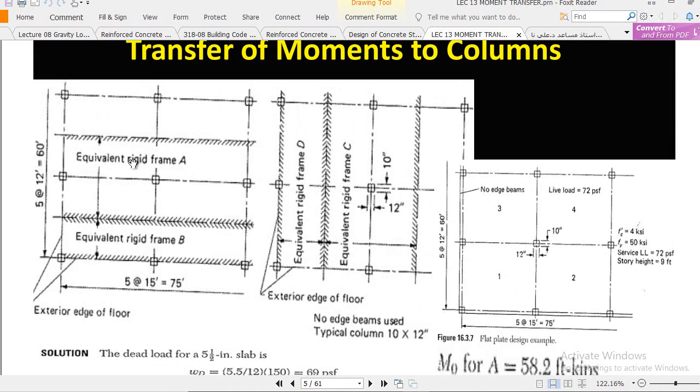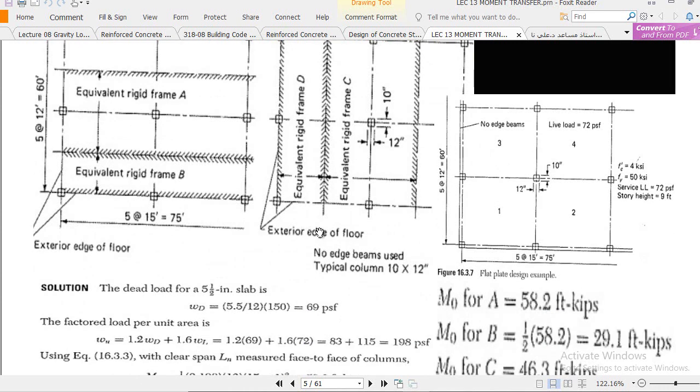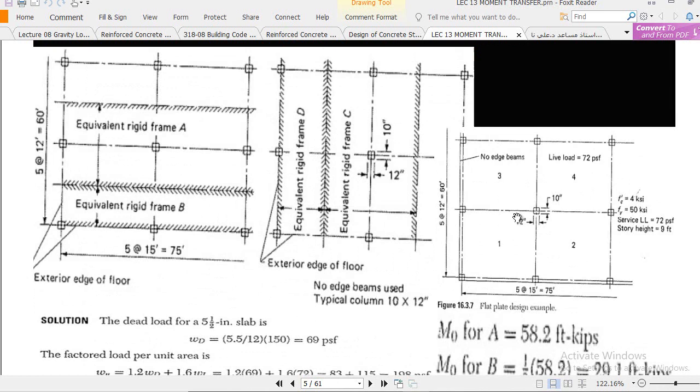This is our interior frame, frame A, and this is the exterior frame, frame B. And in the north-south direction we have an interior frame, frame C, and an exterior frame, frame D.